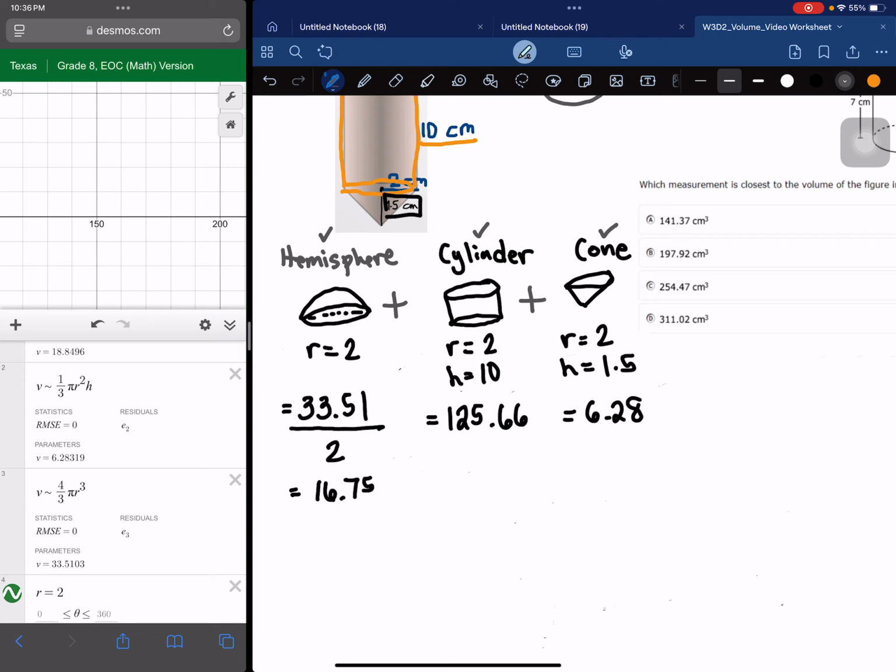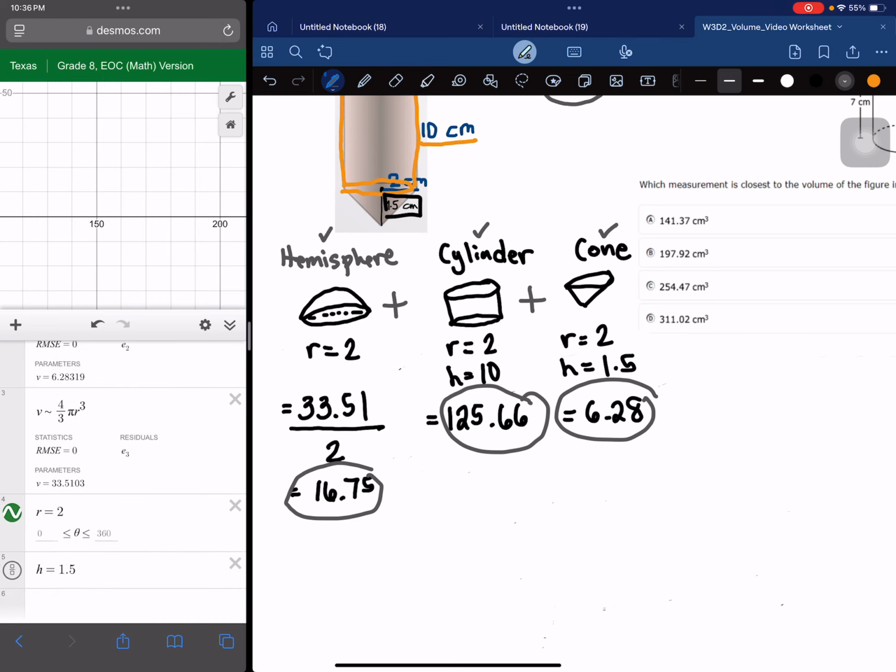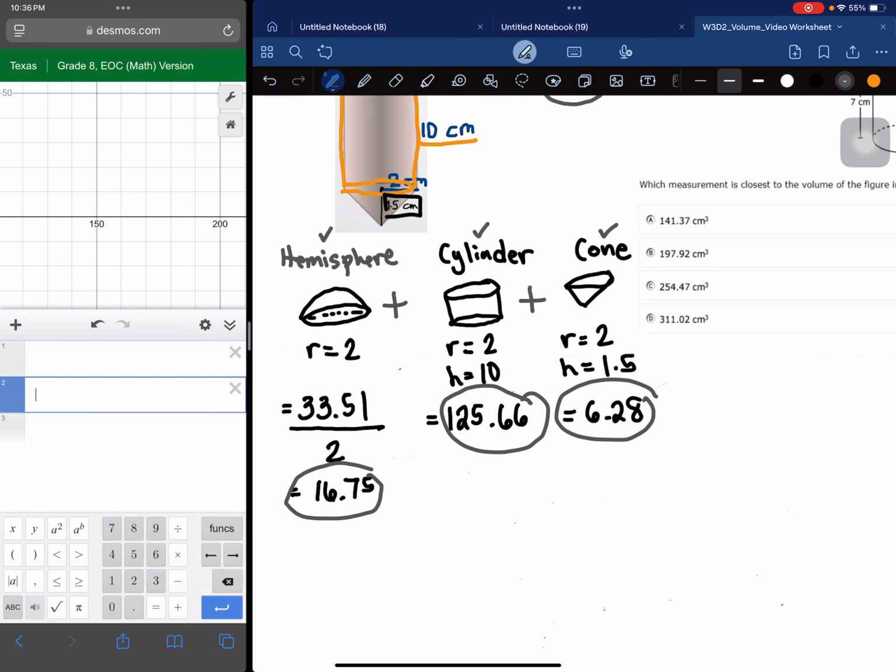Lastly, we need to add the volume of the hemisphere to the volume of the cylinder to the volume of the cone. And the answer is 16.75 plus 125.66 plus 6.28.